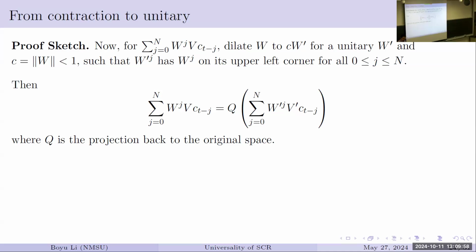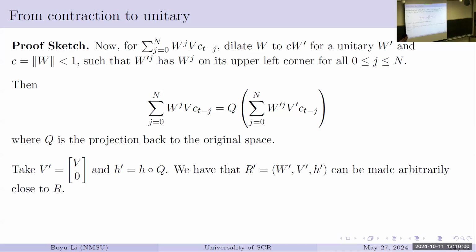The tail is small. So this is the whole idea. And of course, your B, you just feed in to V and a bunch of zeros, so this is not terrible. The H is just your original H composed with this projection map. You have a higher dimension after this dilation, but you just project it back to your original space. So we can show they're arbitrarily close in this sense.